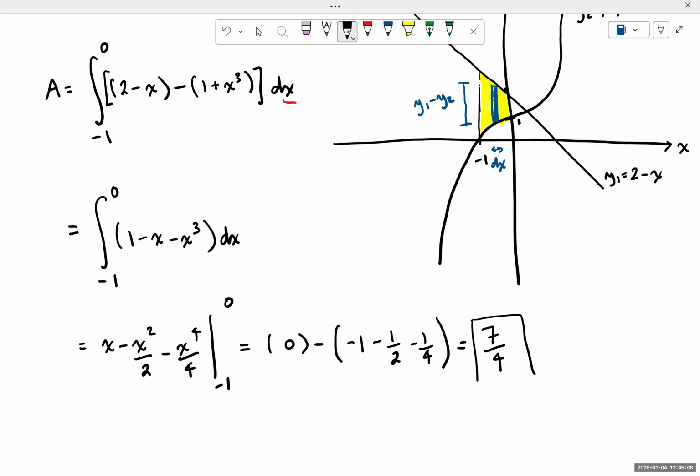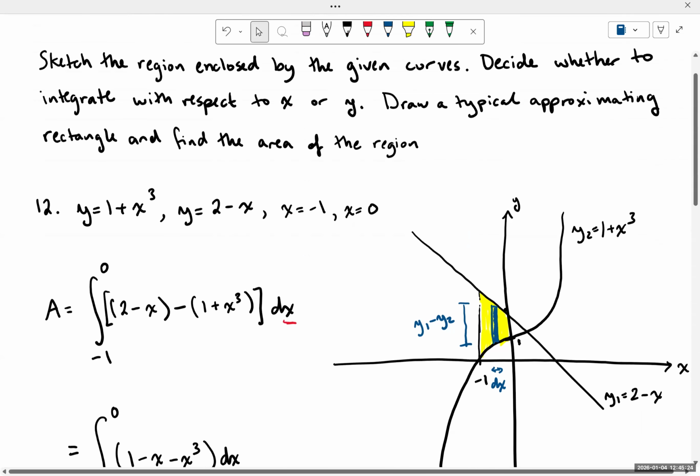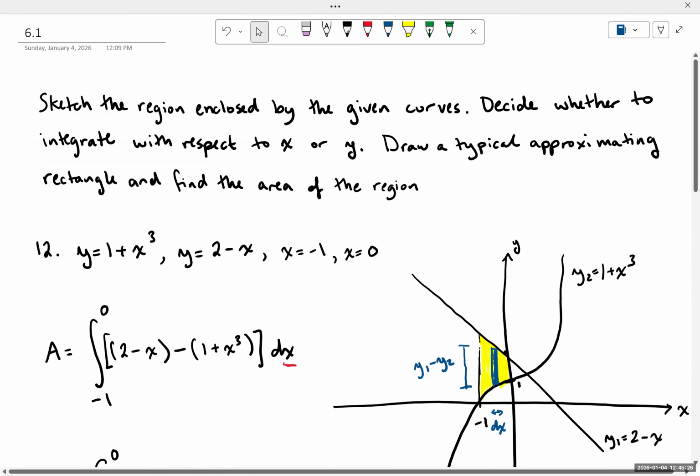Notice it should be positive. So that's a good check. If I had made a mistake with my curves, if I took the wrong one minus the wrong one, I get a negative answer. I know I did something wrong. Let me reiterate that, I've said it multiple times. Whenever we're doing area between curves, it always has to be a positive answer because you're taking a bigger one minus a smaller one, no matter where it is.